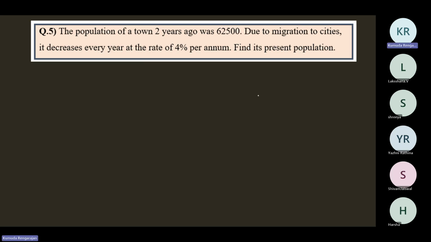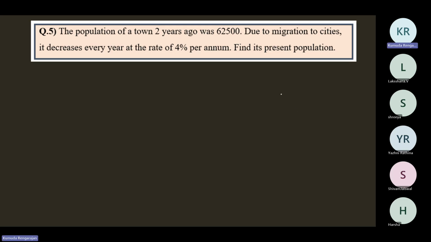So we will be using the formula. This is where we apply the compound interest formula. Amount is equal to P into 1 plus R by 100 to the power N. But you need to be careful. If the population increases, then it is 1 plus R by 100 to the power N. If it decreases, it is 1 minus R by 100 to the power N. Here, due to migration to cities, it decreases every year.